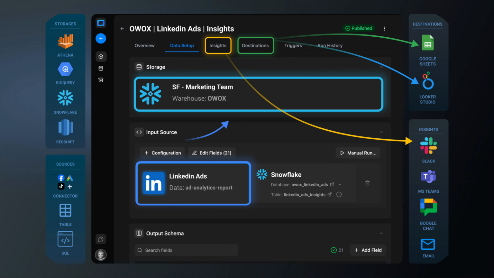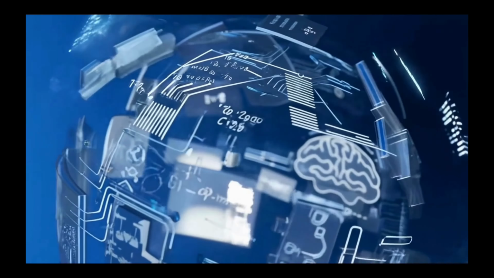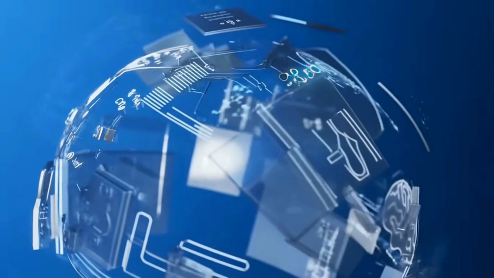Here is the architecture of OWOX Data Marts. LinkedIn ads is the source. Snowflake is the data storage, not just a destination. OWOX Data Marts sits right in between, not as a black box connectivity tool, but as a place where all the logic, all the settings are defined and then reused. But not only for connectors, for the entire analytics and reporting.